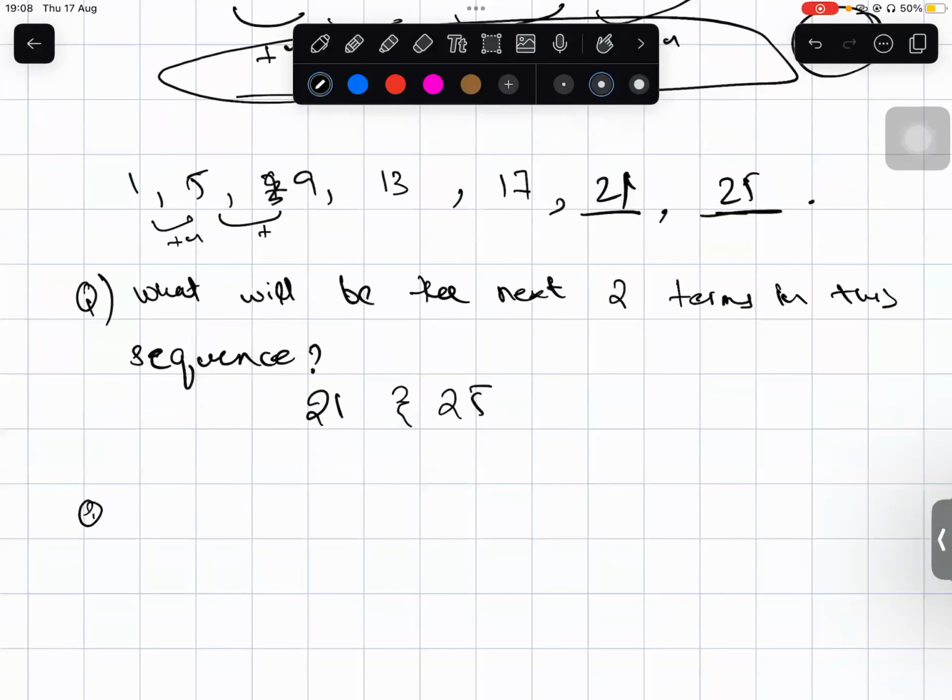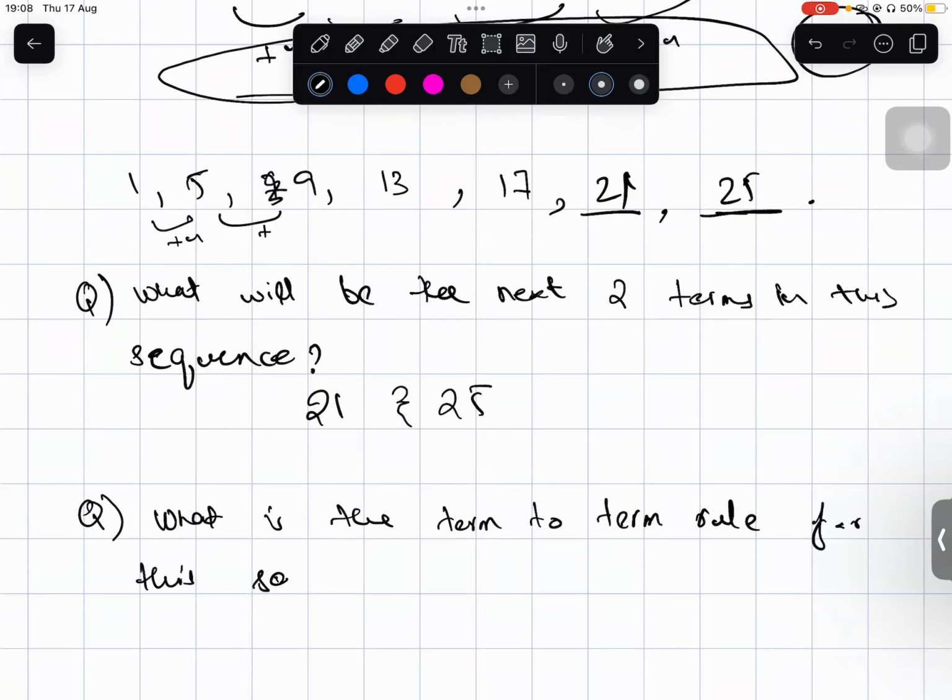Another question which they can ask you is, what is the term to term rule for this sequence? Any idea about this?